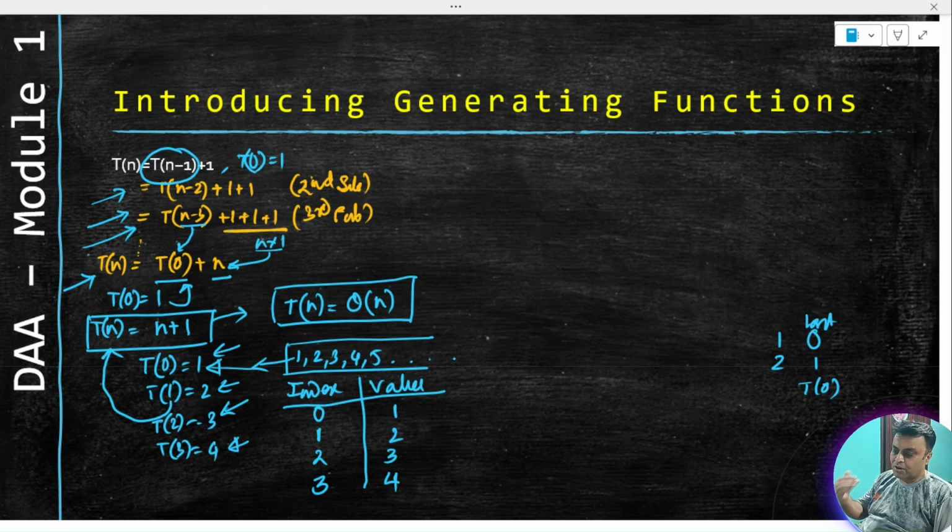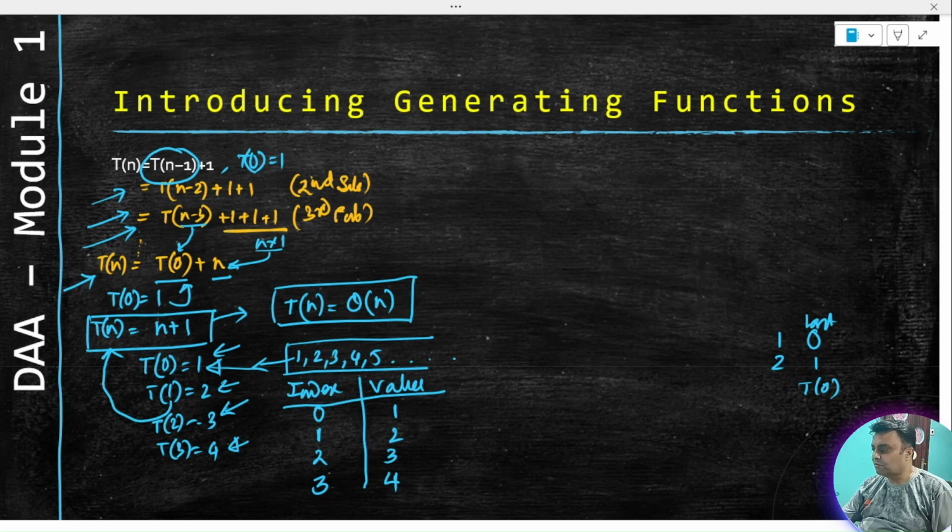So I hope you have understood that when we go down this chain, at some point we will be reaching 0. At that 0th point, I have already calculated that my complexity or my time taken is coming to be 1 unit of time. Then at the 1st position, that is just before this Tn, if I take this particular thing, then I will get the 2 as my time taken, right?